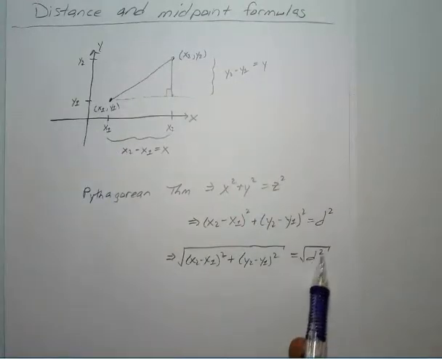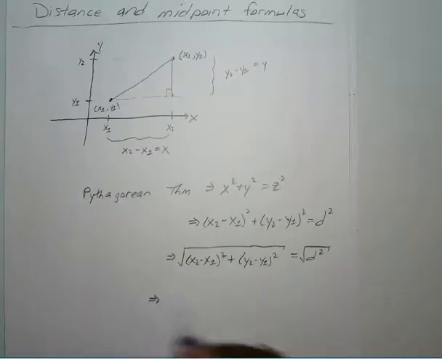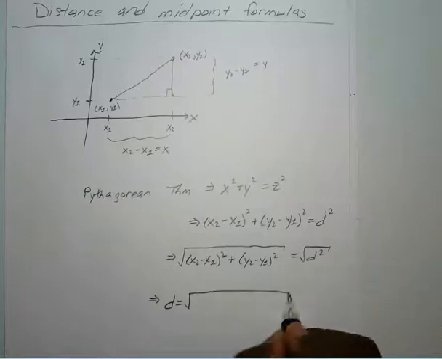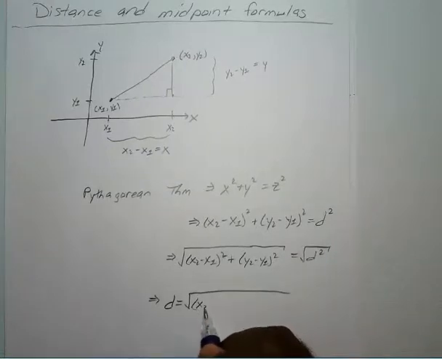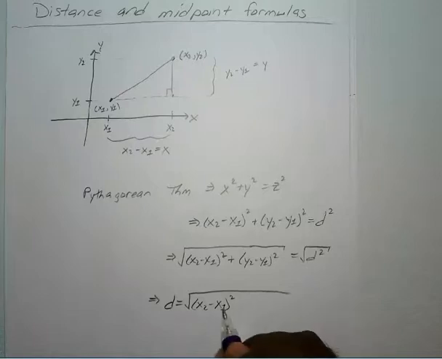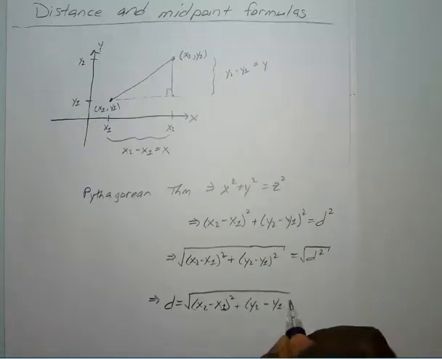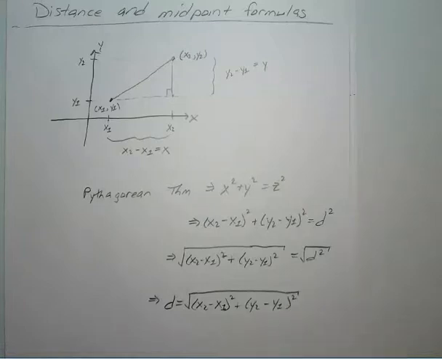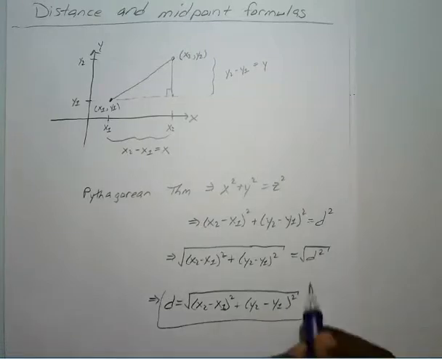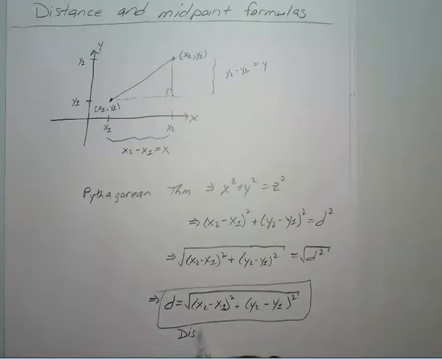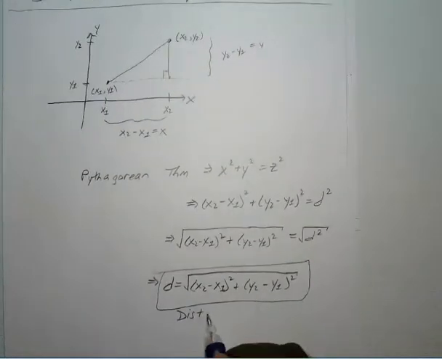So the square and the square root cancel out. I'm just going to flip that around and put the distance equals the square root of x2 minus x1 squared plus y2 minus y1 squared. And this is actually our distance formula.